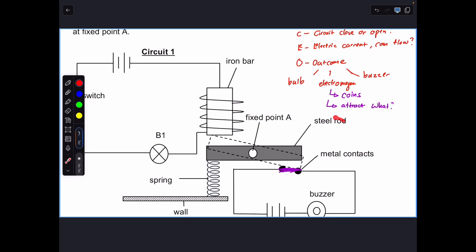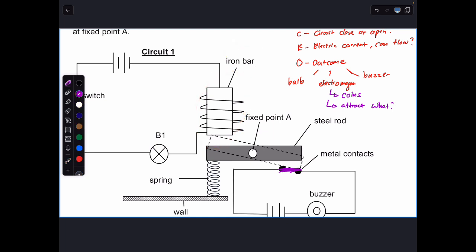So it's either you tell me that aluminium is not a conductor of electricity, that's wrong, or you tell me the steel rod, because aluminium is not a magnetic material, hence it cannot be an electromagnet. It's wrong. Okay? The reason is that aluminium, not being a magnetic object, means that it will not be attracted by your iron bar.